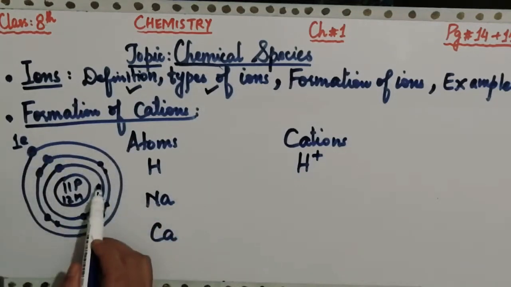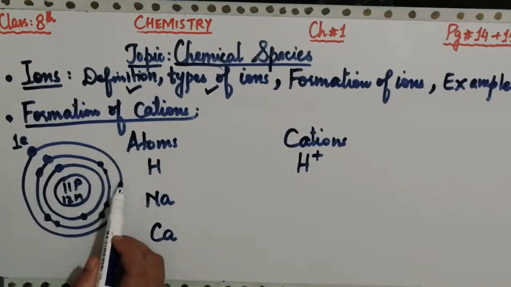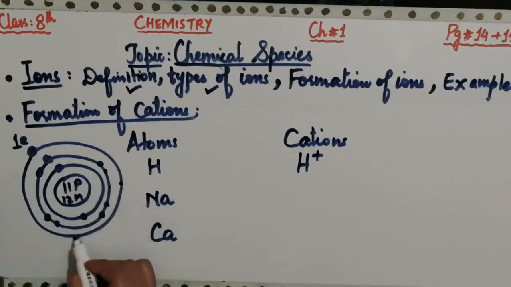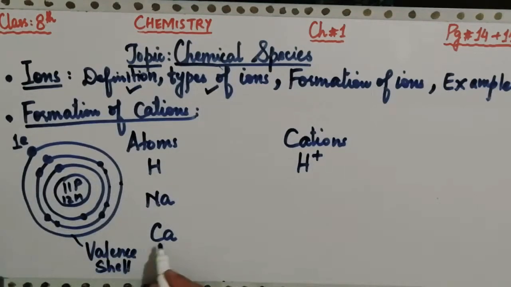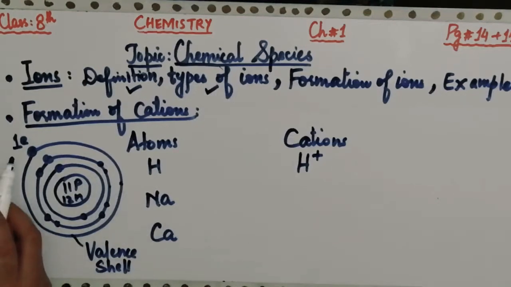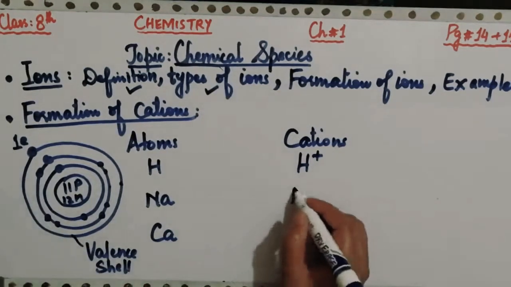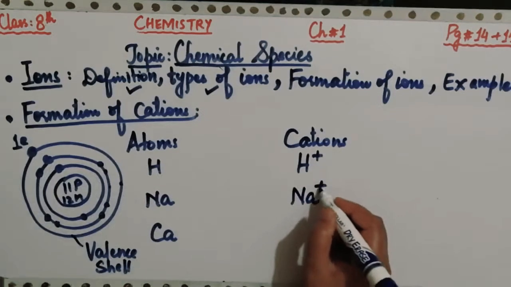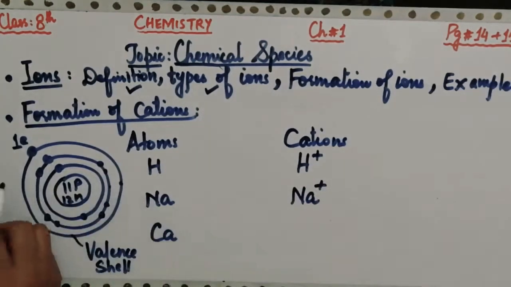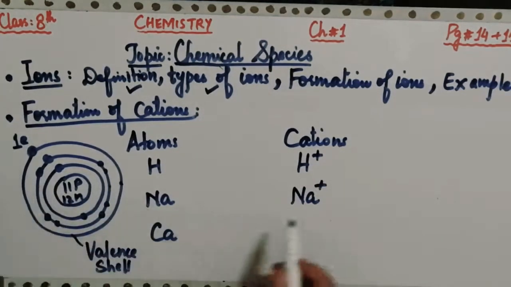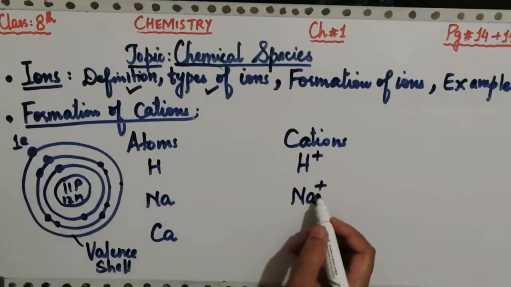The number of shells are 1, 2, 3, and the third and outermost shell is also called the valence shell. So the sodium atom contains 1 electron in its outermost shell and it loses this electron. By losing this 1 electron, it acquires positive charge. If it loses more than 1 electron, then 2 positive will be written along with it.